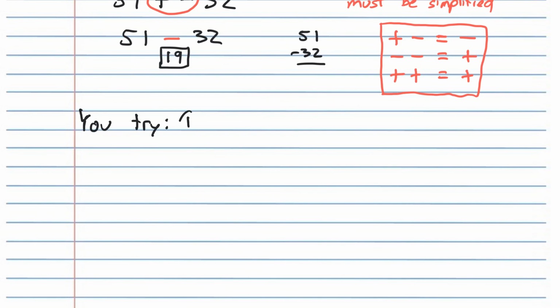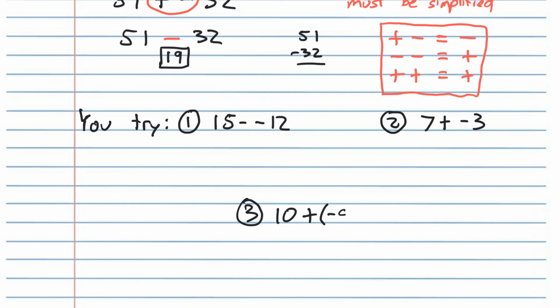Number 1, go ahead and do 15 minus 12. Number 2, go ahead and do 7 plus negative 3. And then number 3, go ahead and do 10 plus a negative 5.